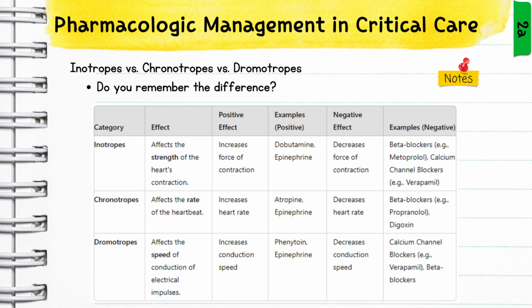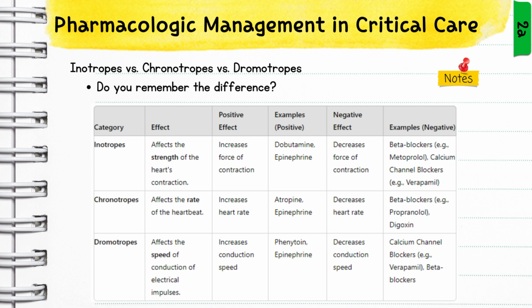Okay. So chronotropes and dromotropes both deal with the speed of the heart's electrical system, but they do it in different ways. Chronotropes affect the rate at which your heart beats, primarily by acting on the SA node, the master pulse generator.